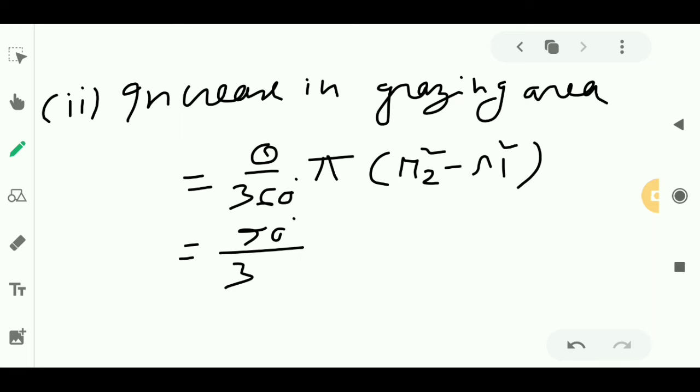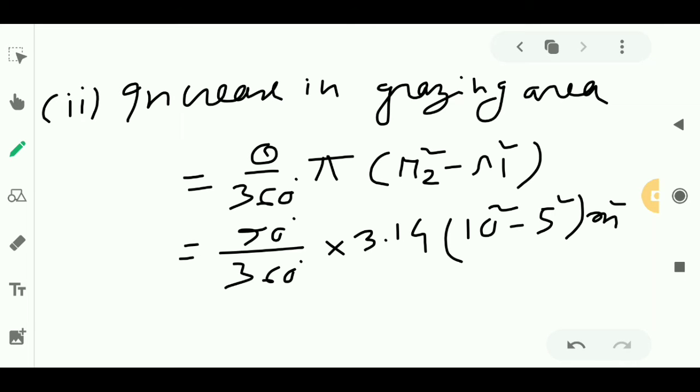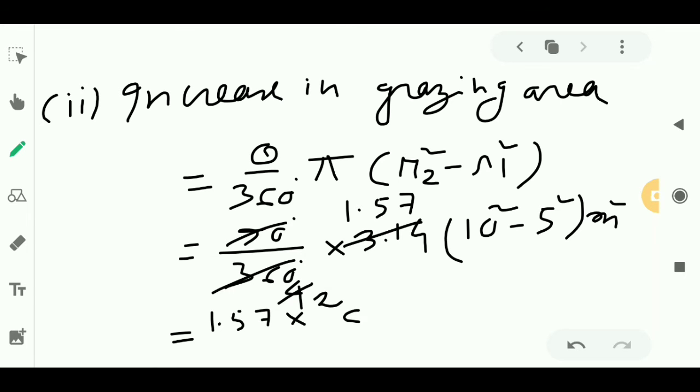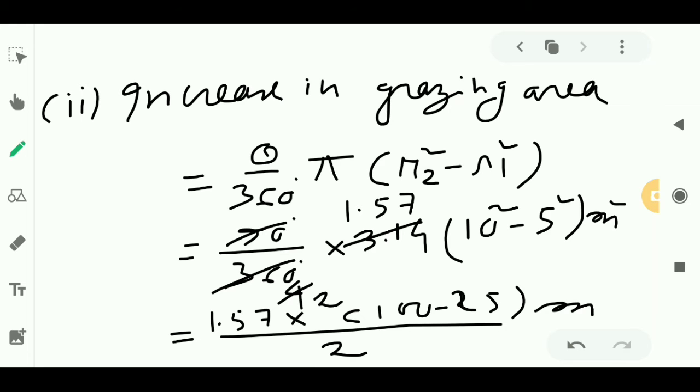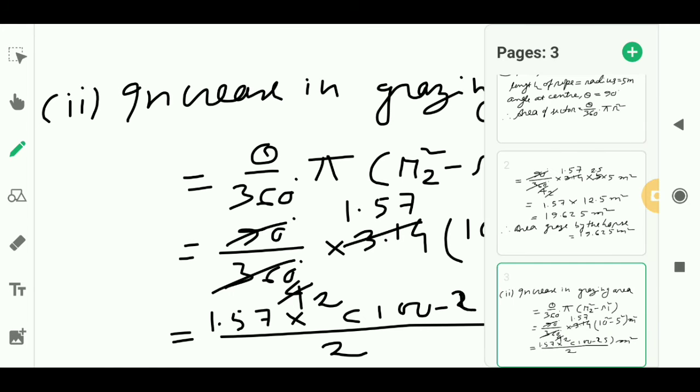So 90 by 360, times 3.14, times 10 square minus 5 square meter square. Cancellation is done, 4 with 2, 1.57. Here also 2. So 1.57 into 10 square means 100, 100 minus 25 by 2 meters square. So 100 minus 25 is 75.